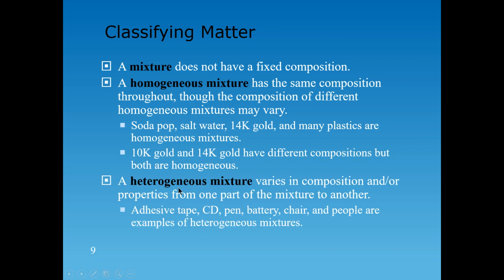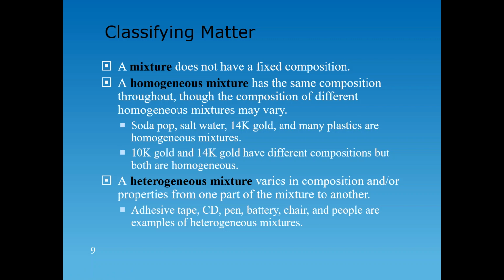Now, when it comes to heterogeneous mixtures, the big difference compared to homogeneous mixtures is that you don't have a uniform distribution of the different components present in the mixture. All right, so one simple example of a heterogeneous mixture, which is not listed here, would be oil and water. If you add cooking oil to water, you're going to end up with two layers, right?